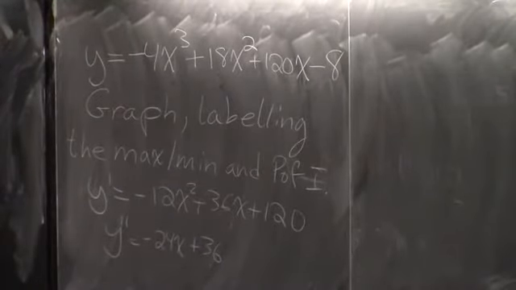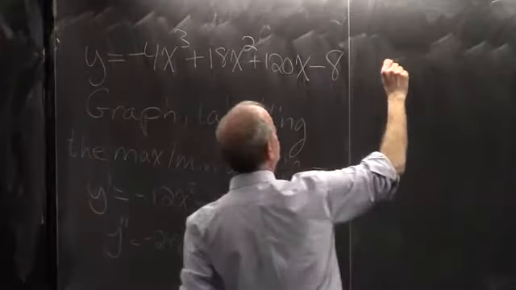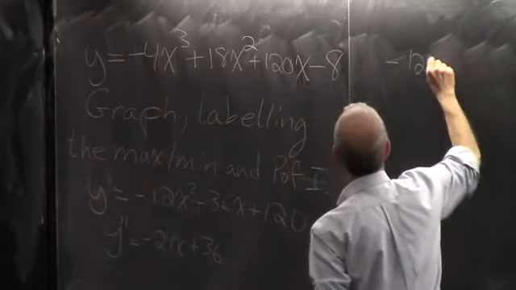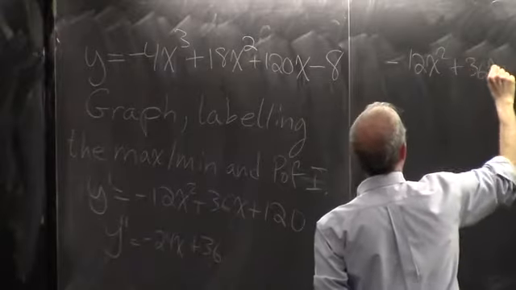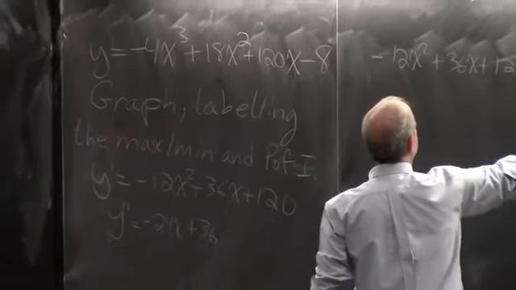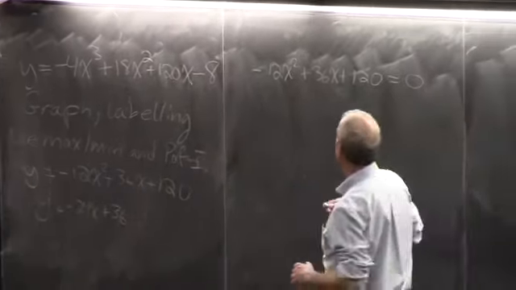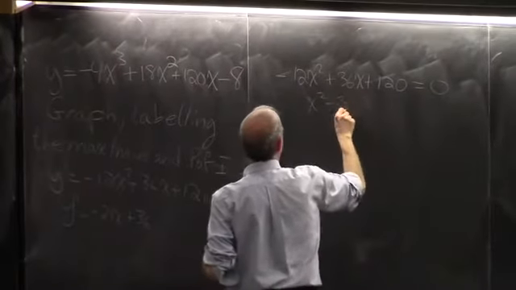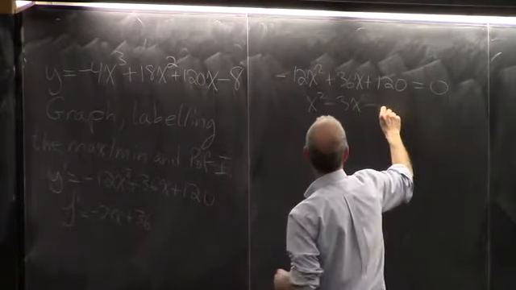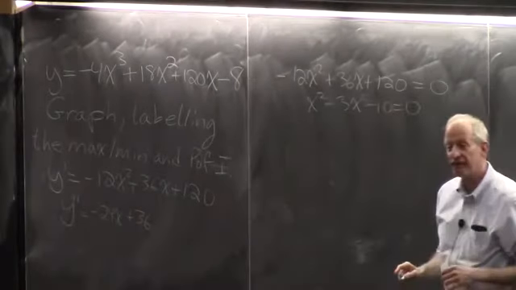Now we have to find where these are 0. So we're going to take negative 12x squared plus 36x plus 120 and set it equal to 0. If you divide by negative 12, you get x squared minus 3x minus 10 equals 0. And does that factor?